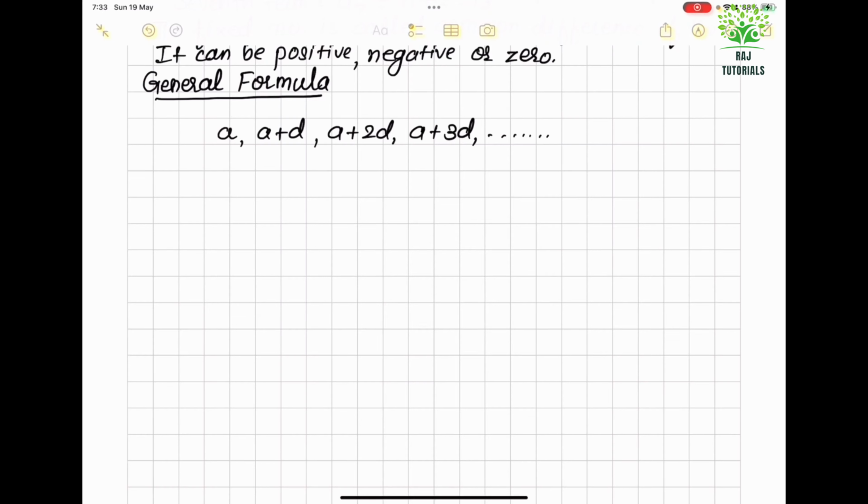So if they have asked me the nth term, the nth term will be A plus n minus 1 D. See, why n minus 1? Because the first term is only A, and from the second term D is added.